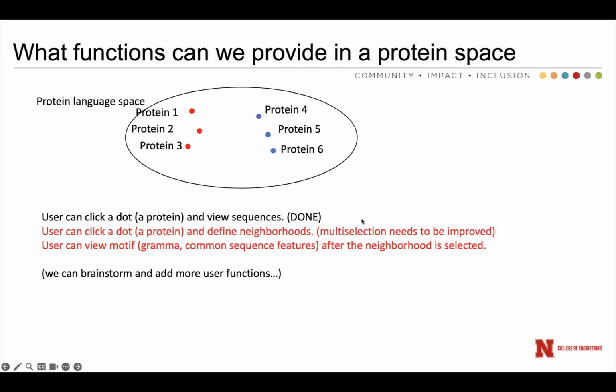We call it multi-selection. So then the user can easily view the common features of several proteins in this family instead of a single protein feature. So this protein space visualization and the functionalities potentially can help biologists a lot when they explore the protein sequences and the families.